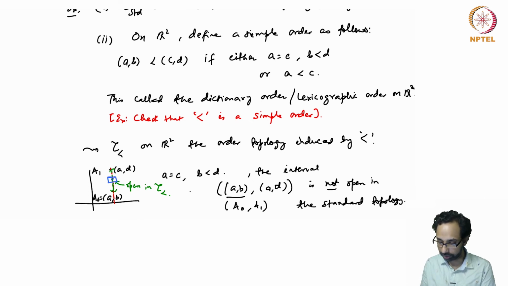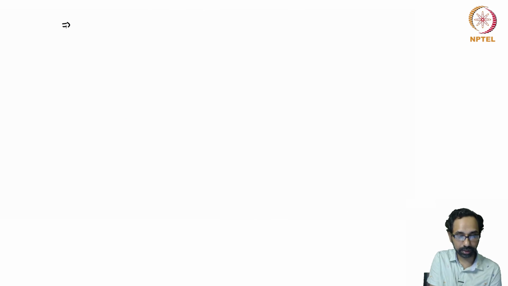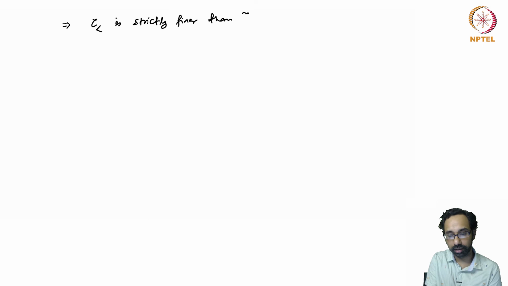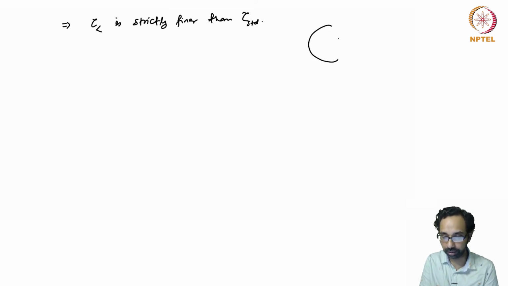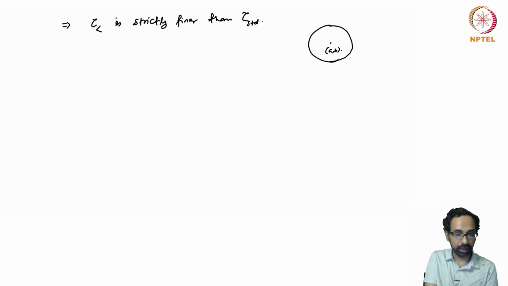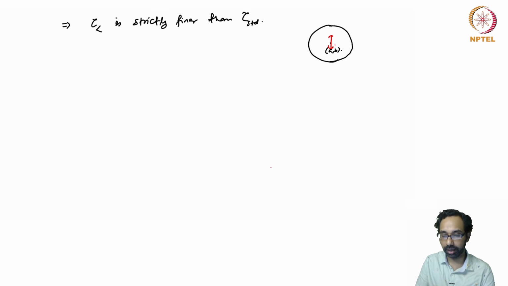So in this sense, this means that tau less than is strictly finer than tau standard. Of course, if you have any open set in the standard topology and you take some point (a, b), then there is a vertical line segment that contains it, and so it will be open in the order topology as well.